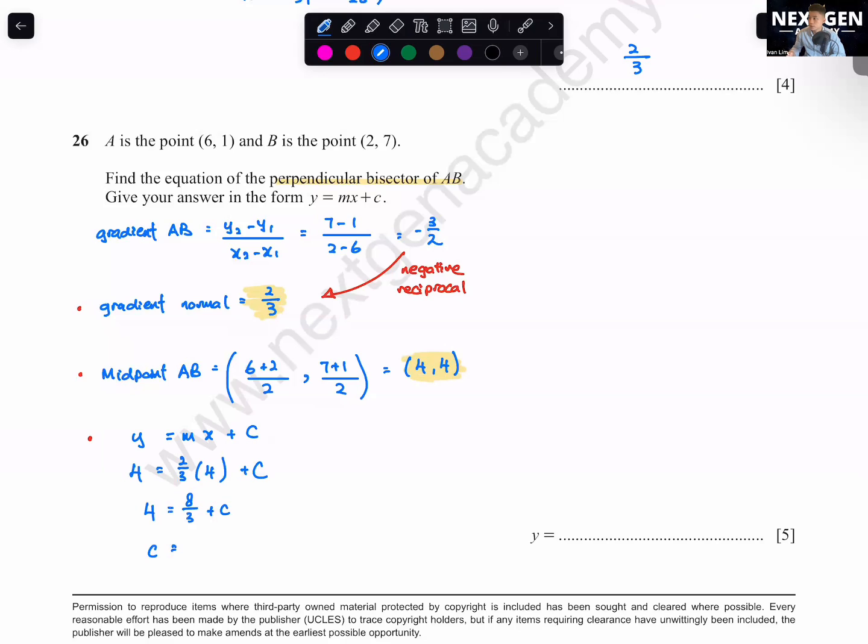C is equal to 4 over 3. Therefore, you use your gradient, get your c. So y equals 2 over 3 x plus 4 over 3.